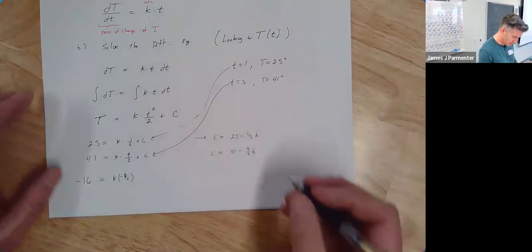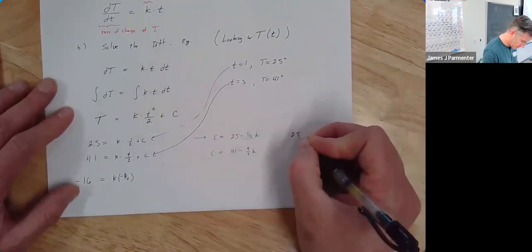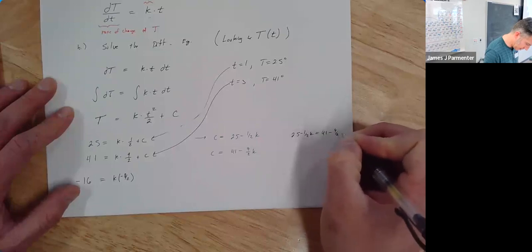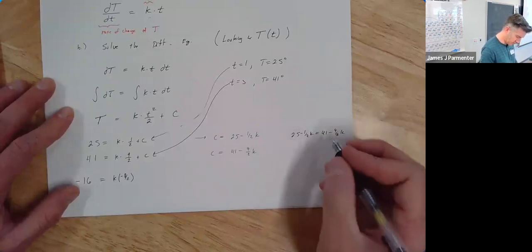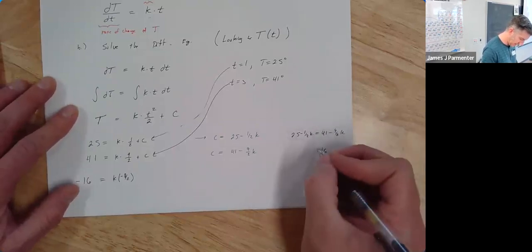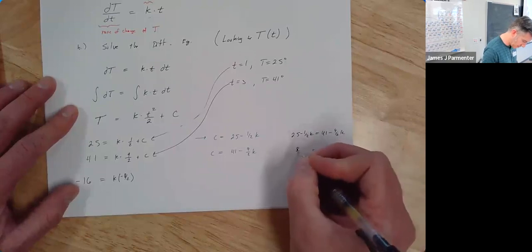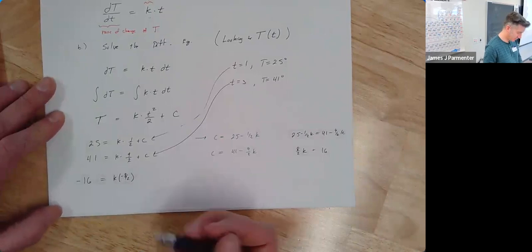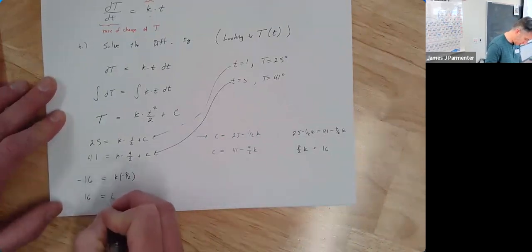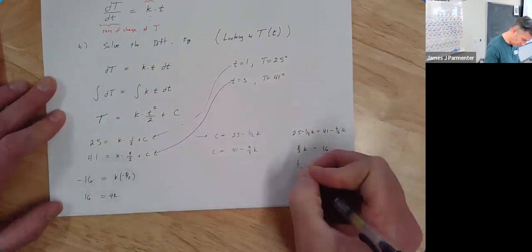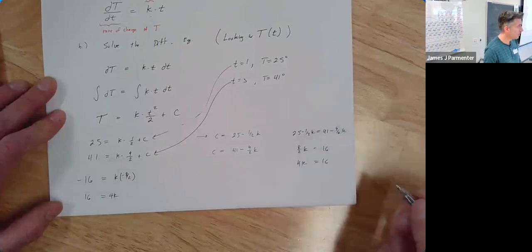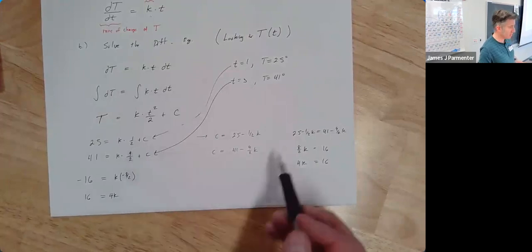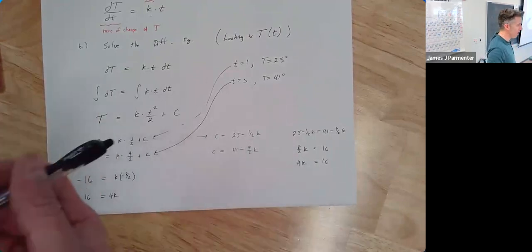So if I set 25 minus 1/2 K equal to 41 minus 9/2 K, and bring the 25 to the right and get 16, and add 9/2 K to the left, you get 8/2 K. It's the same as the work I've done over here. I've got 16 equal to 4K. I've got 4K equal to 16. So whichever way you want to do it's fine. One way using elimination, the other way using substitution, they're equally valid.